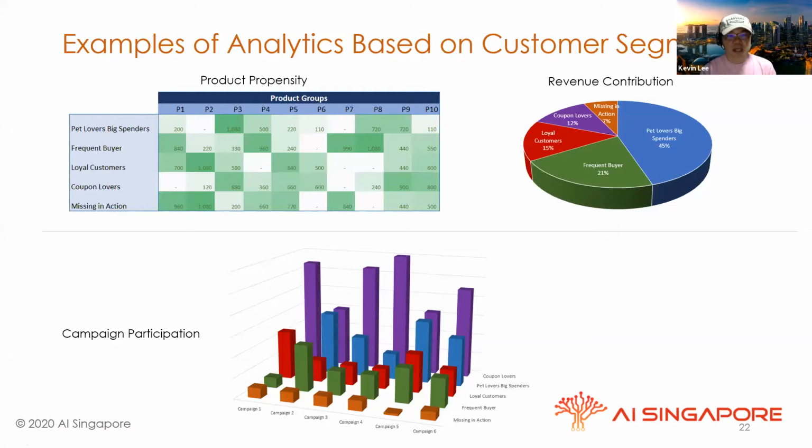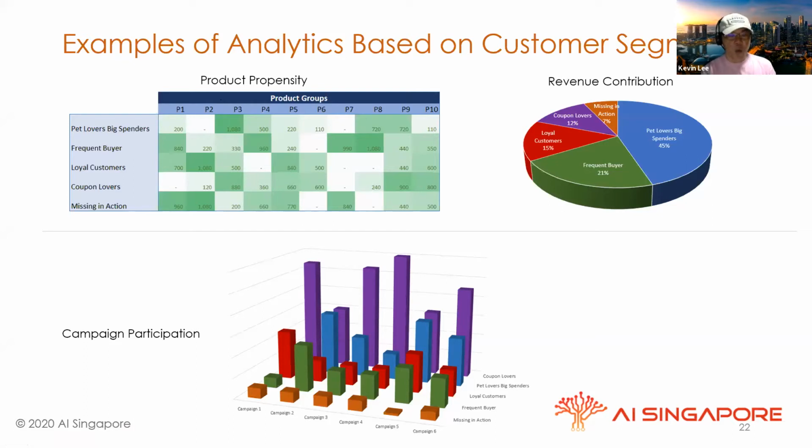So what I'm saying is that in the past, what you could only see is how each of your product groups behaves. But now what you can see is, by product group, which customer segment has a higher propensity to purchase. Higher propensity means higher likelihood.